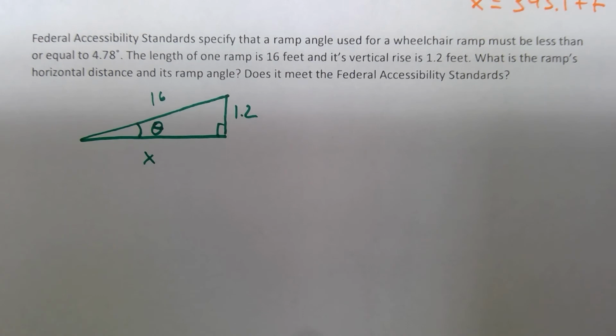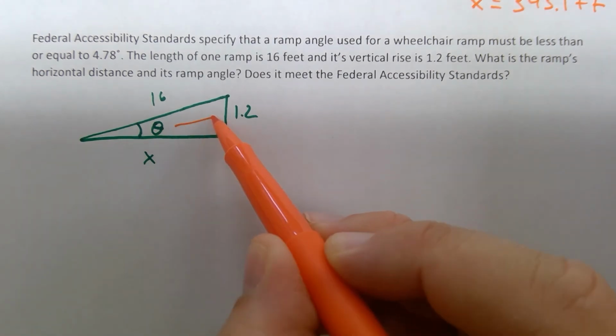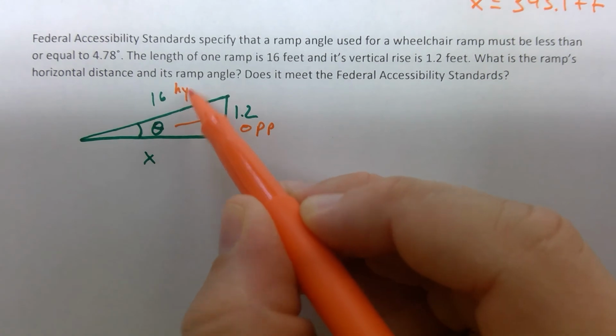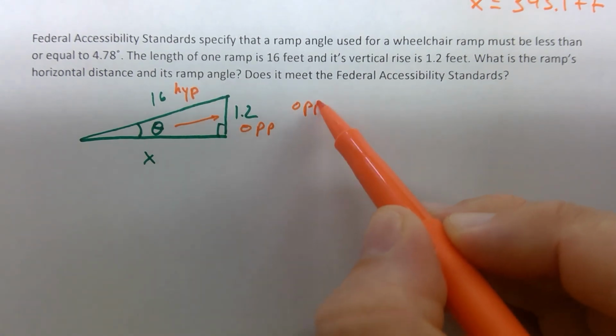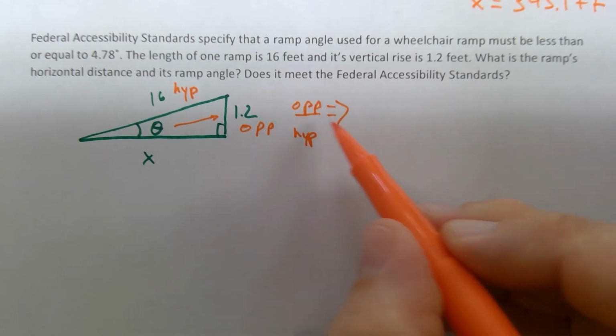Okay? So let's find the angle first. If I have my angle right here, there's my opposite side. Across from my right angle is my hypotenuse side. Opposite over hypotenuse. This should be memorized for us hopefully by this point.